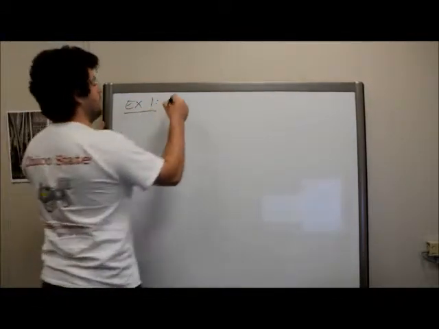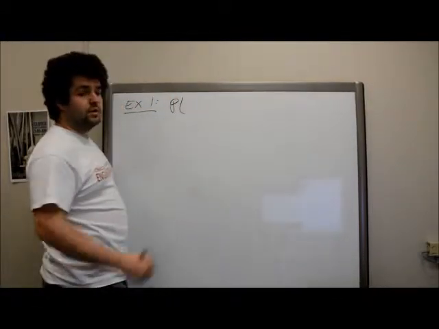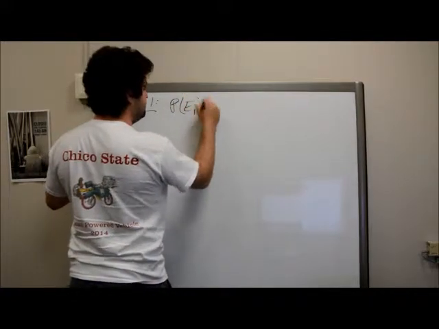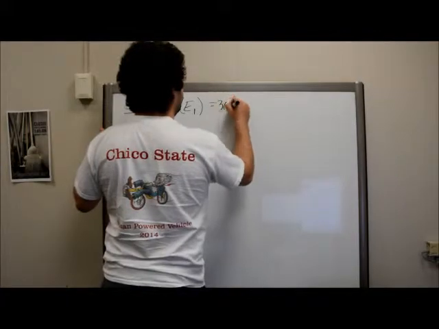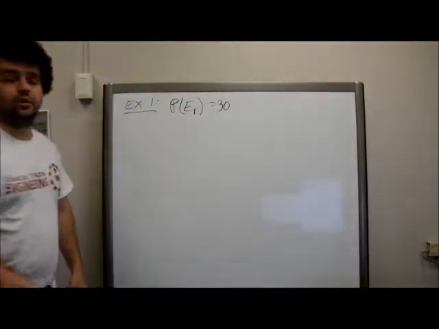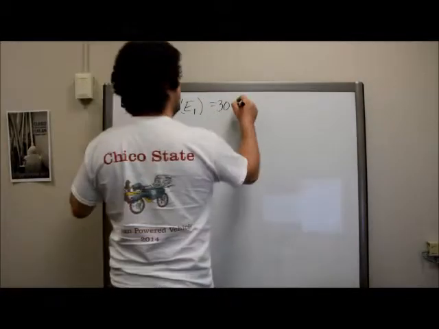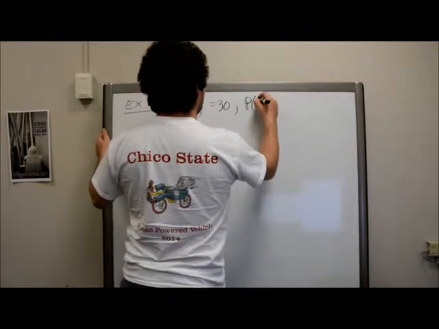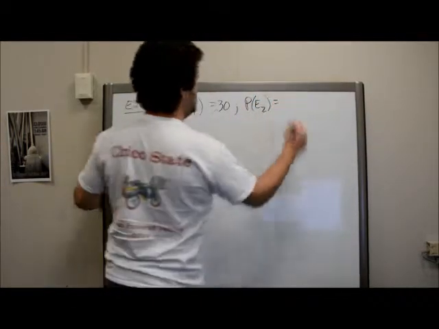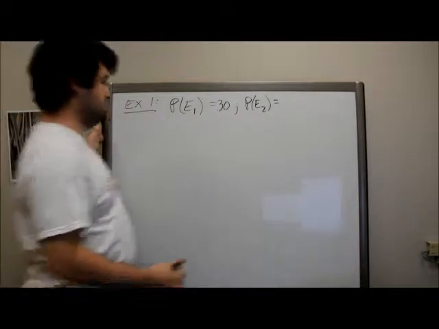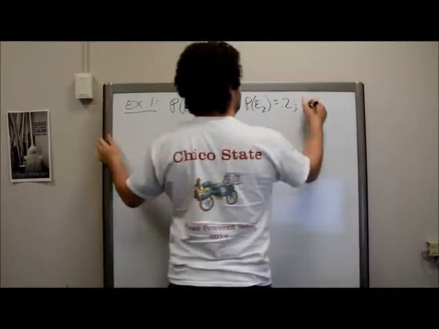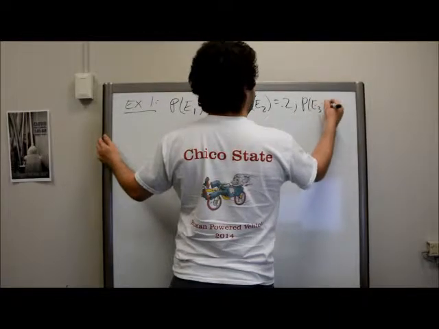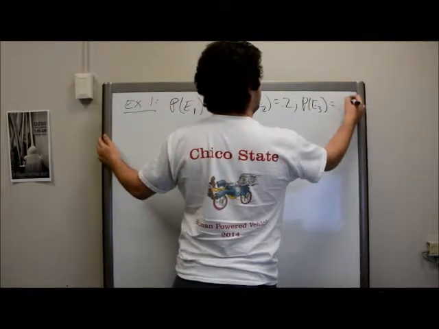The probability that engineer 1 did the job is 0.3. The probability that engineer 2 did the job is 0.2. And the probability that engineer 3 did the job is 0.5.